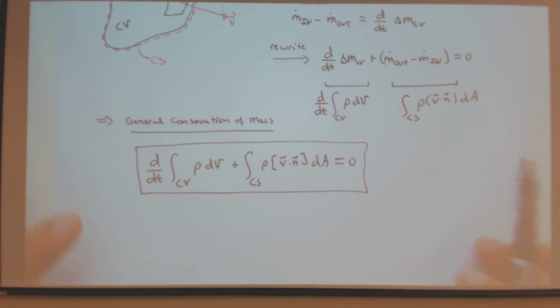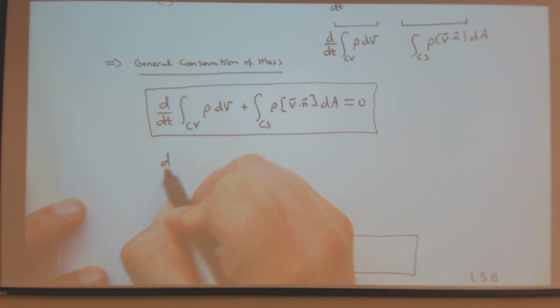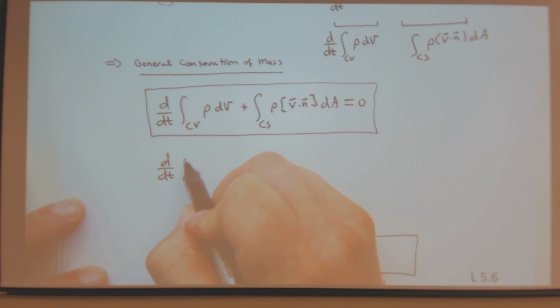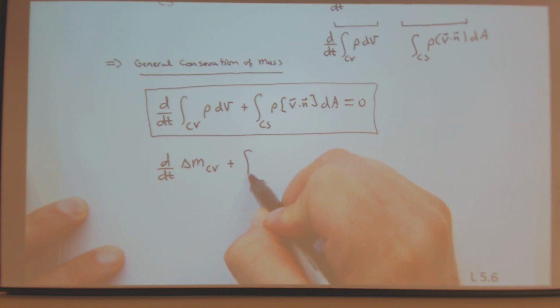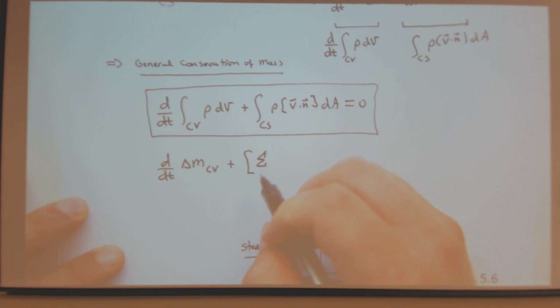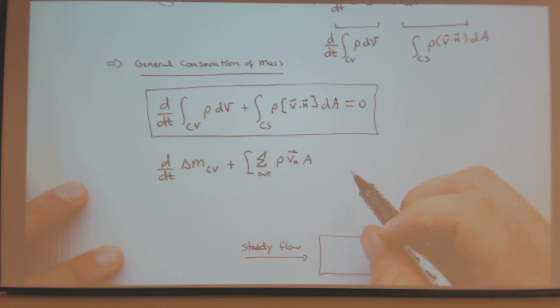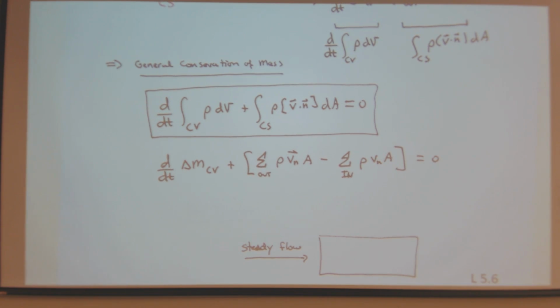Okay, so let's just finish this up. I said that earlier, but I'm really going to finish it up now. So d dt. All I want to do is take this into a summation type notation. Delta M control volume plus bracket the sum out rho Vn A minus the sum in rho Vn A equals 0.